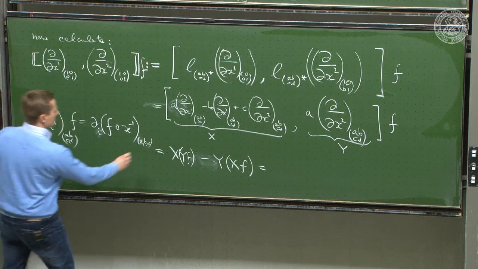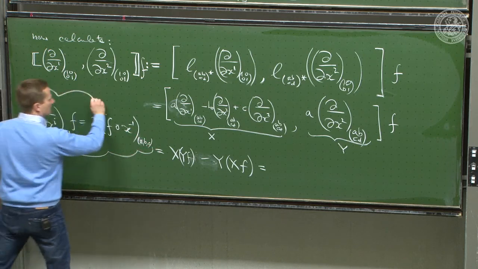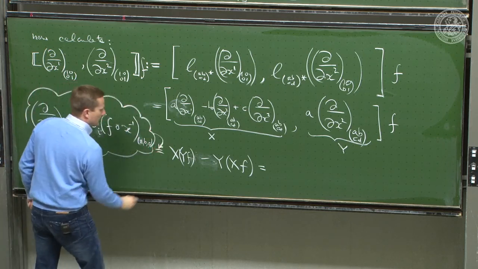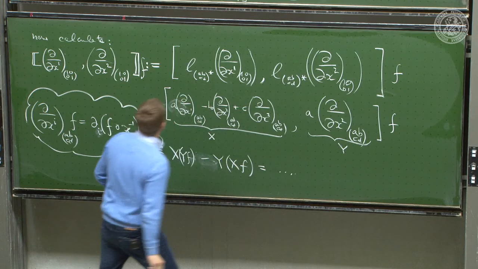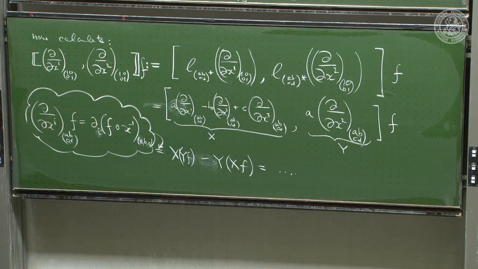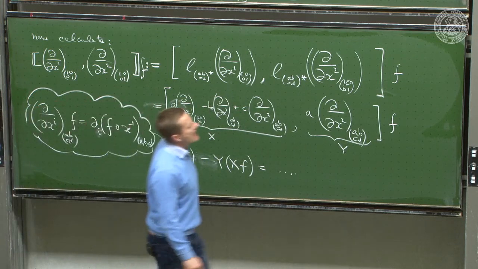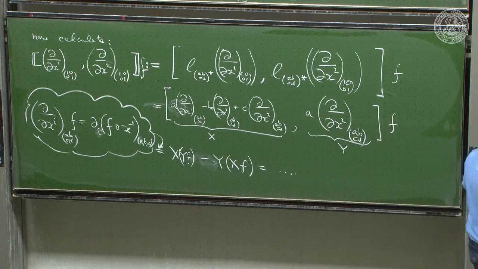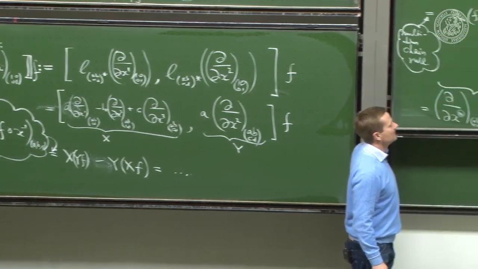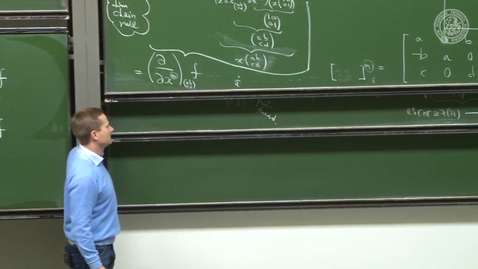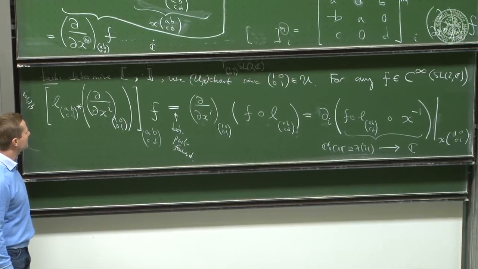So these guys will appear everywhere. You plug them in here, and you will come to a result. And, bad definition, bad definition. Of course, I forgot something. Not so bad. Nothing happened.